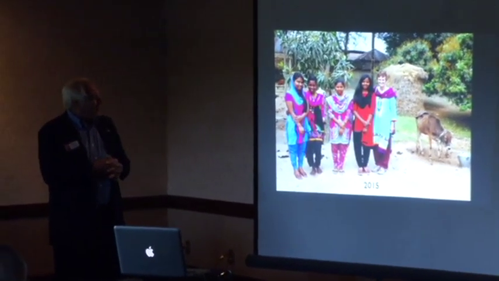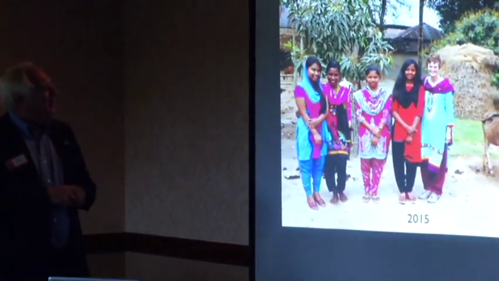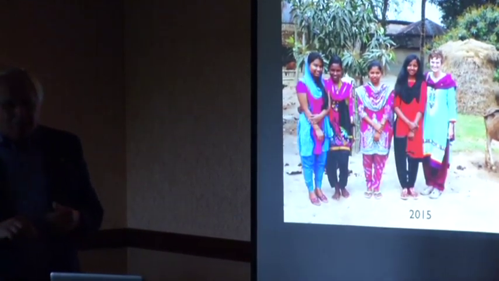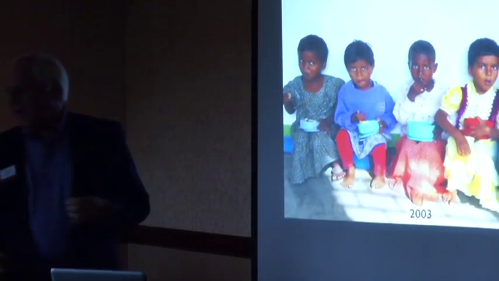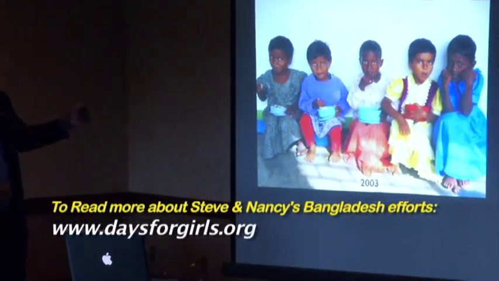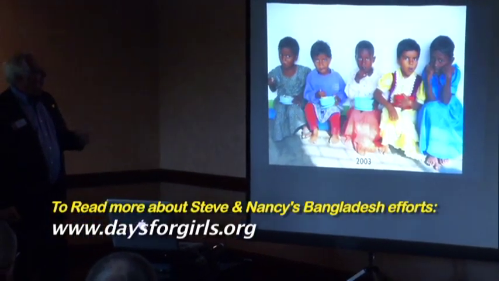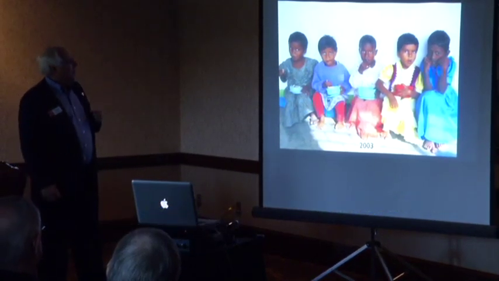And the girl in the very center, in the pink clothing, is the same girl that is second from your left, is Ponina. And this picture in 2003 was taken at the school.